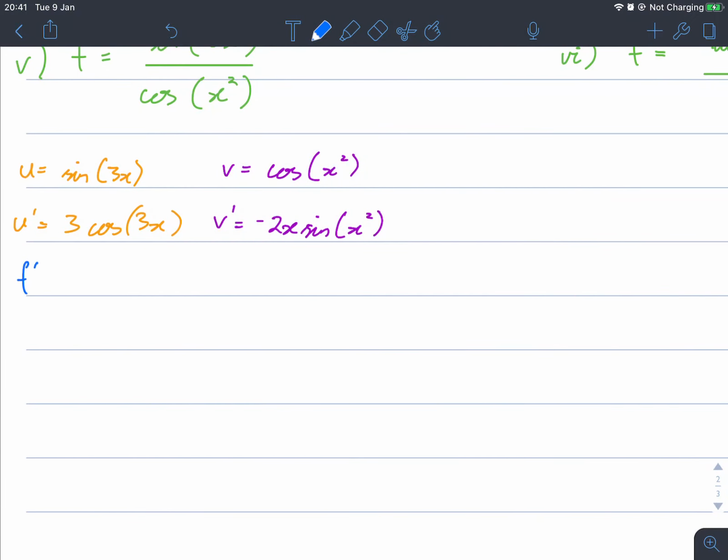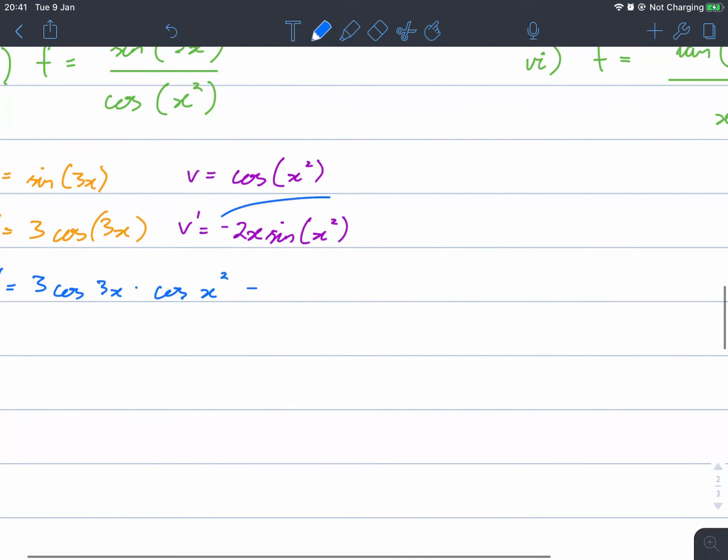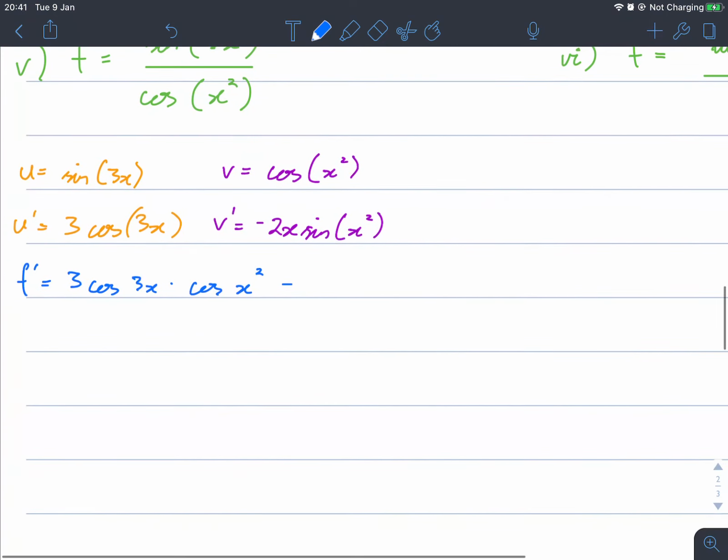Combining it all together, f prime equals, what's this? It'll be u prime v, so it's 3 cosine 3x times cosine of x squared minus uv prime, so sine 3x times negative 2x sine x squared.